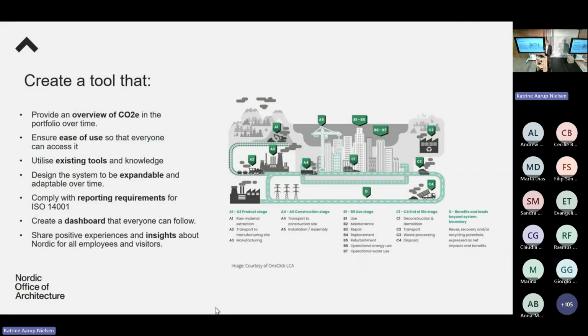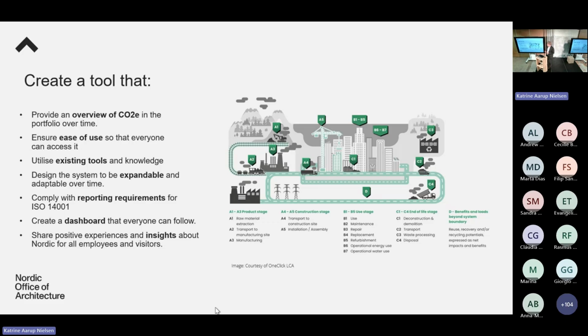So we were looking for a tool that could provide a solution that was good enough in early stage and so easy to use that you could use it maybe once or twice a year, utilize existing tools without the need for specialized licenses or knowledge, and it should be expandable and adaptable over time.